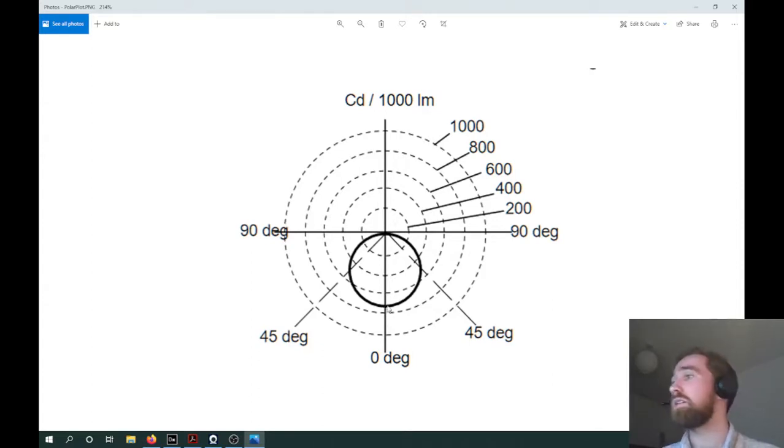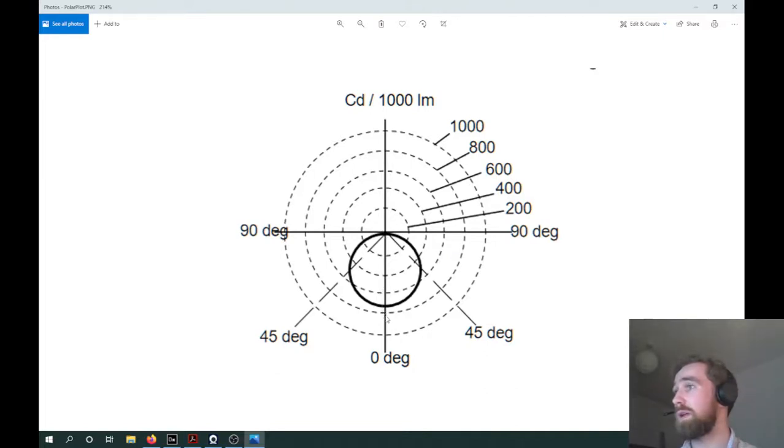Then, using these dotted lines, each one represents a number of candela per thousand lumens. So for example, this outer ring is 1,000, this inner one is 800, 600, 400, 200, and then 0.